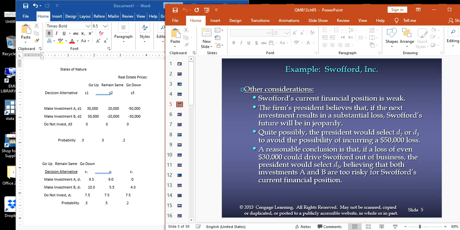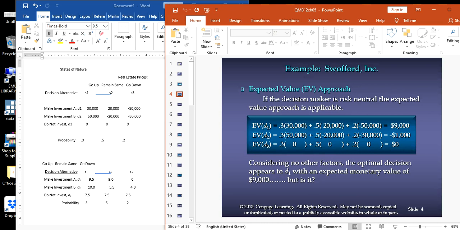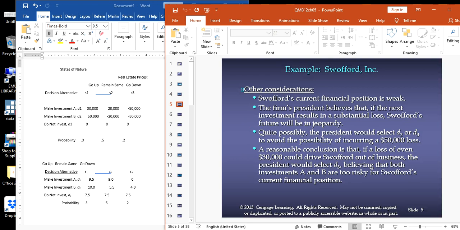Okay, so these are the considerations here. Swofford's current financial position is weak. So if this happens here, 20,000 loss, or if 50,000 loss happens, the company can be in danger and the company can go bankrupt.